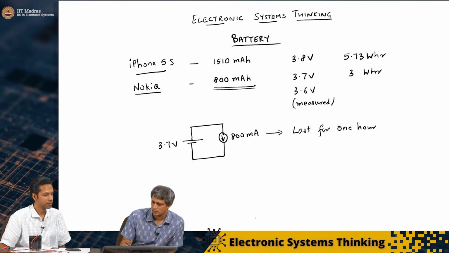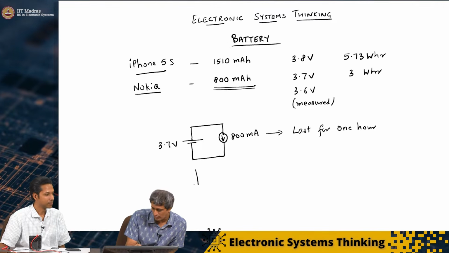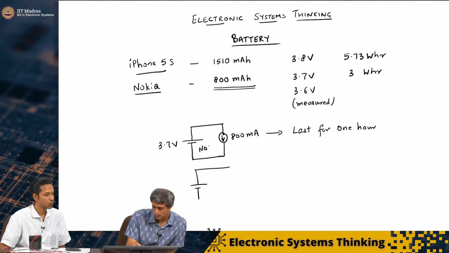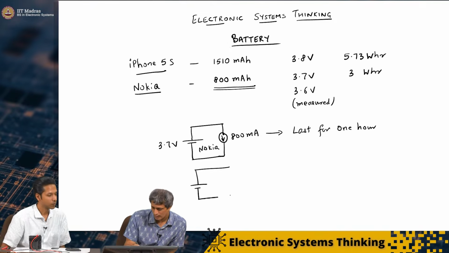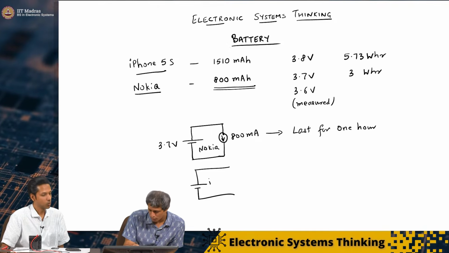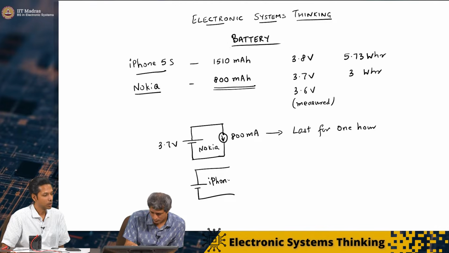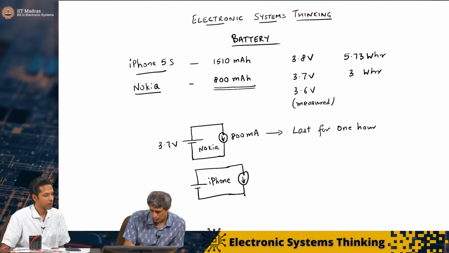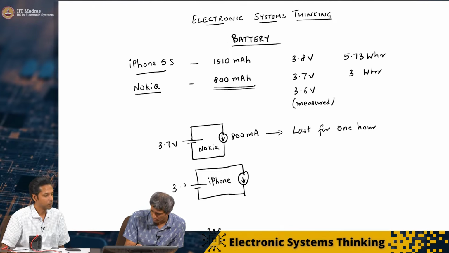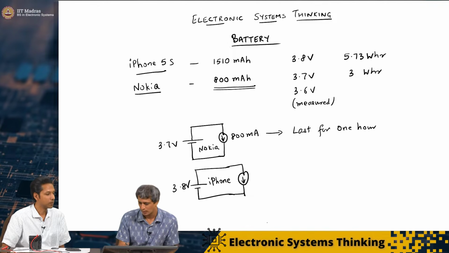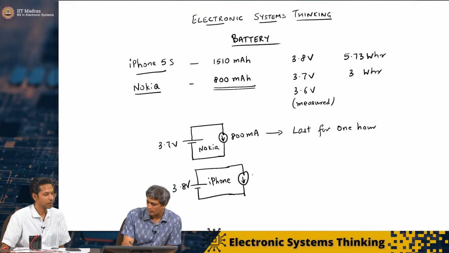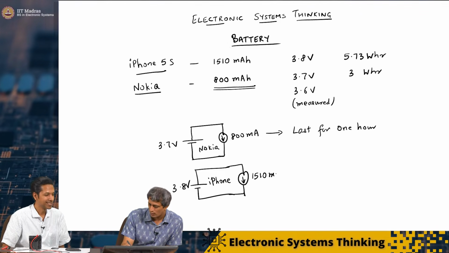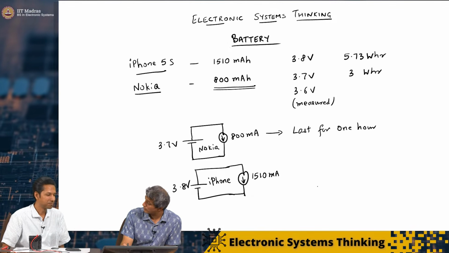And of course, if we had used the bigger battery, and if we had used the iPhone, and you drew a current here, and this is also, remember, approximately 3.8 volt. So if I had drawn 1510 milliamps of current, again it can last 1 hour.